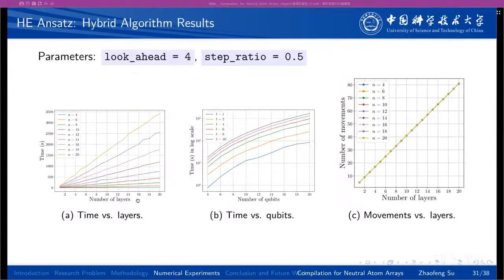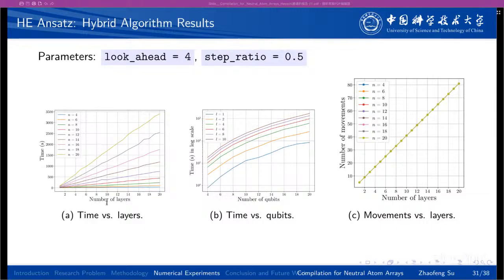And the hybrid algorithm is a little bit more practical, but it still needs more time. For around 20 layers or 20 qubits, it nearly needs 1,000 seconds for the compilation.